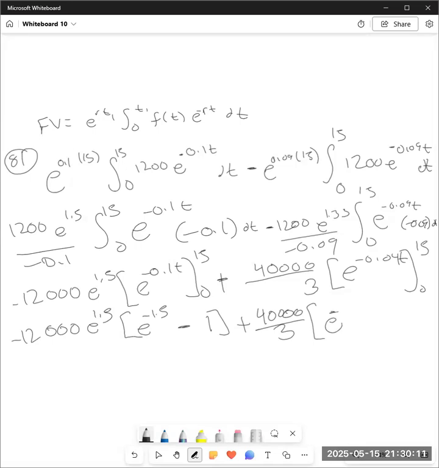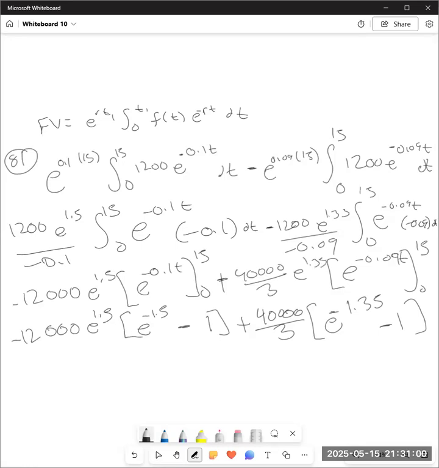e to the negative 0.09 times 15, 1.35, minus 1 here, and this was 40,000 over 3 e to the 1.35 out here.